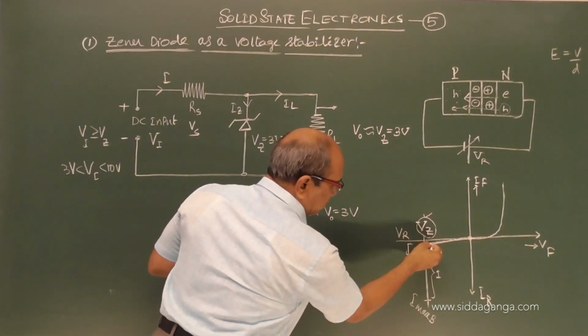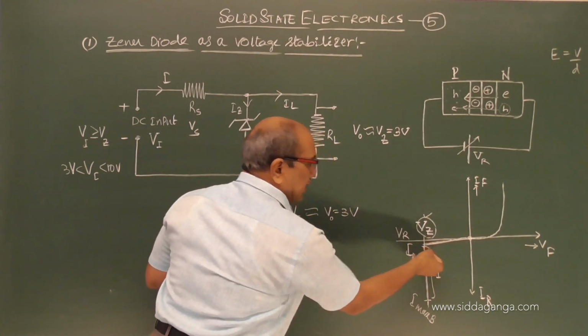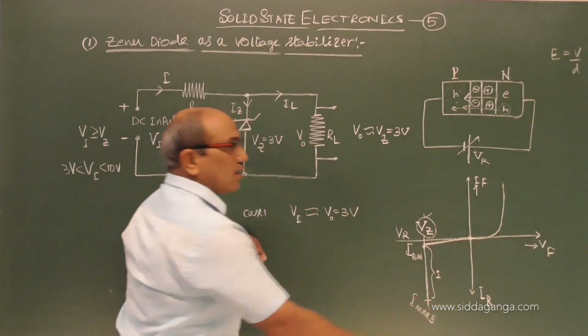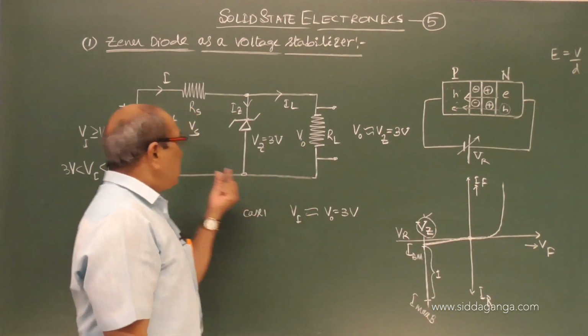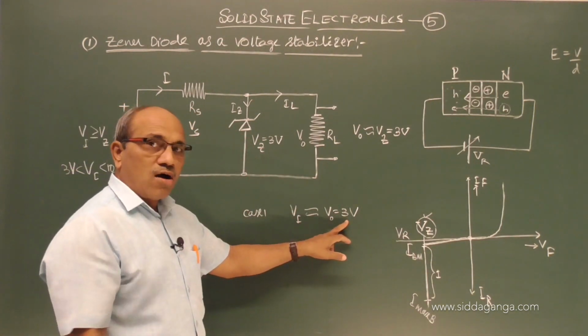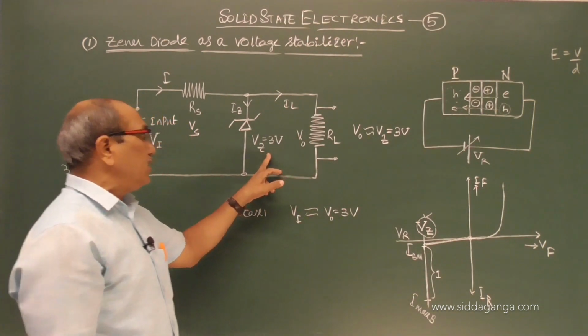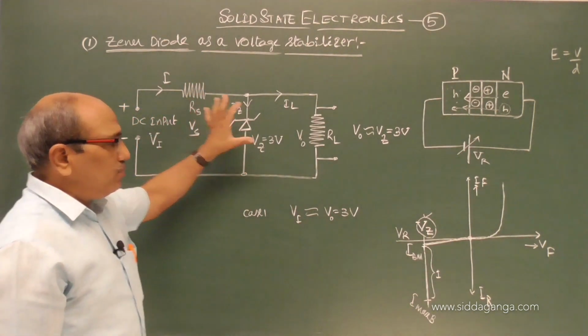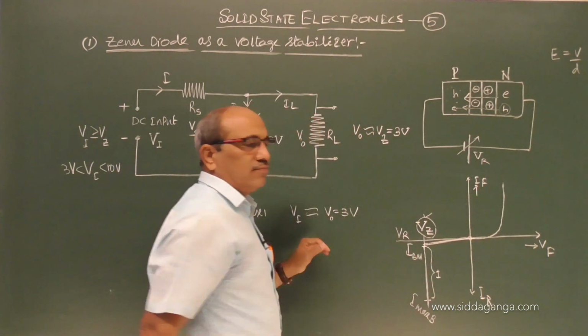Just when it comes to the Zener voltage, current is still less. If you slightly increase the voltage, suddenly large current starts. When the voltage given at the input is almost equal to, or, please listen, equal to or less than the Zener voltage, this cannot conduct because current in this region is very, very negligible.